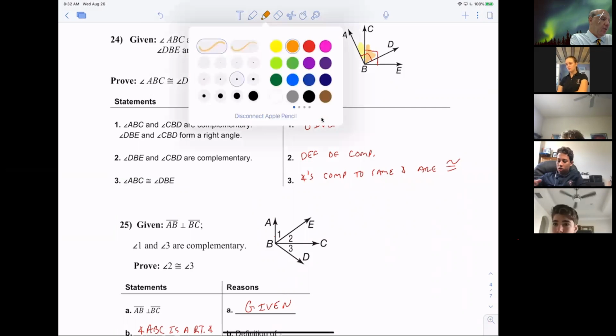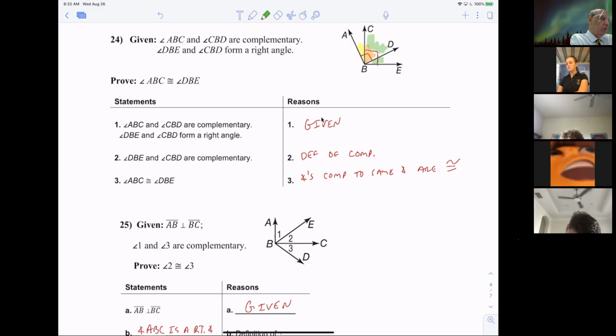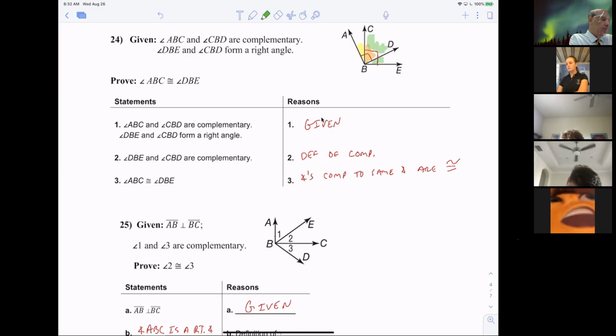And then it says that DBE and CBD, those two things. And we're going to prove that ABC is congruent to DBE.